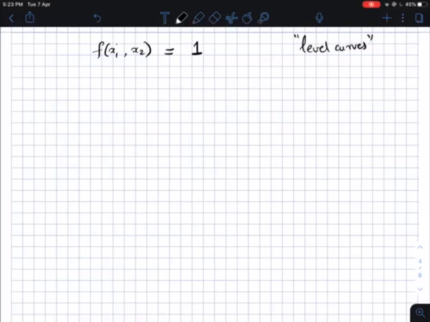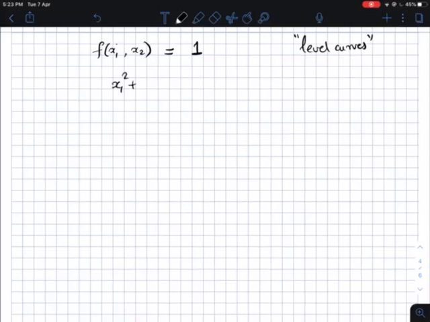You try to look at all the possible values of x1 and x2 that will result in the function value being 1. Okay, what are the possible values of x1, x2 that will result in the function value being less than or equal to 1, greater than or equal to 1. These are all the questions that we can ask to better understand the geometry of the function that we are dealing with. So here, for example, we are dealing with quadratic forms.